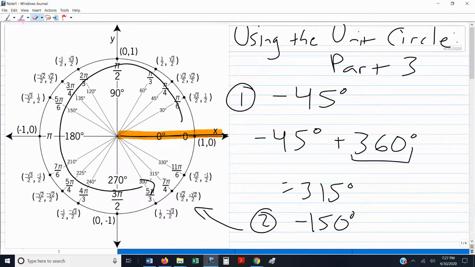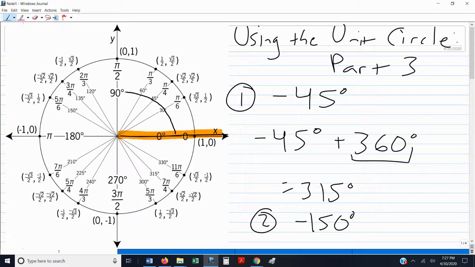So negative 150. First you could do the idea that you're going to pass the first quadrant and then to that third branch. So you're going all the way through a quadrant, and then you're going to the 1, 2, third branch of the next quadrant. However, that's the positive direction, and you are trying to get negative 150.